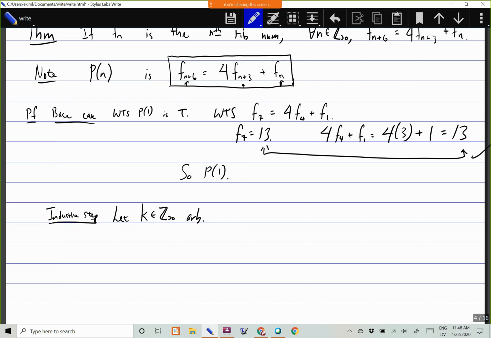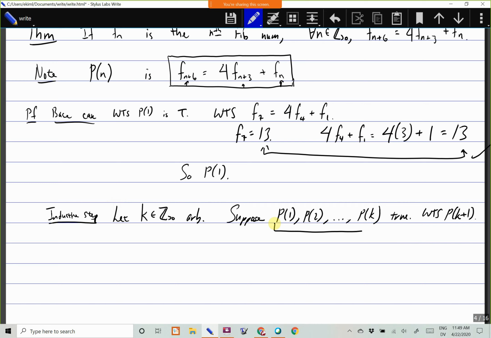Then we're going to suppose, now if the reader had picked k to be a big number, let's say they picked k to be 100, then we are going to suppose 100 facts as being true. We suppose P of 1 and P of 2 and P of 3 and so forth, all the way up to P of 100. But to have a way to write that, instead of writing 100, I'm just going to write up to P of k. So we suppose these are true, and we want to show P of k plus 1 is true.